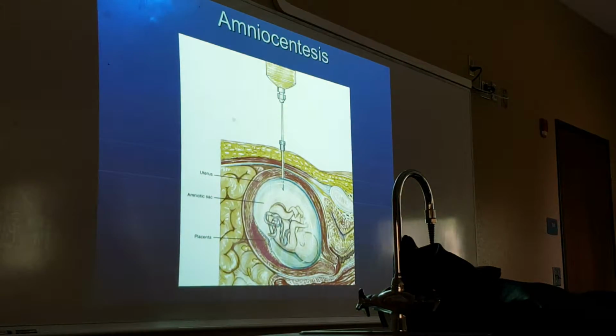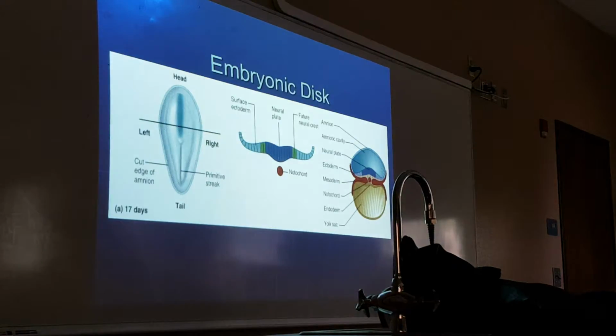They don't do this anymore, but I just show you this to show the amnion pressing against the chorion, which is pressing against the wall of the uterus. So this is fairly well along in pregnancy. And over here we have the placenta, which is very well developed at this point. This could be 25 to 30 weeks.